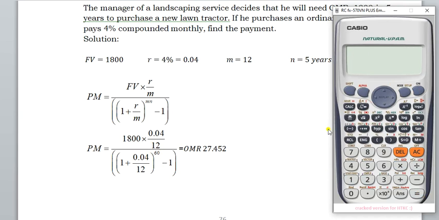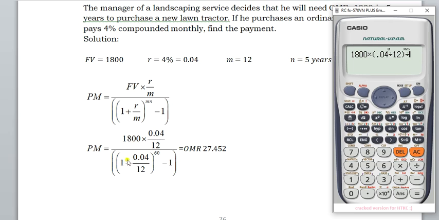Now we will see how this can be done in the calculator. See, 1800 I am typing in, then open a bracket, 0.04 by 12, close bracket. Now divide.